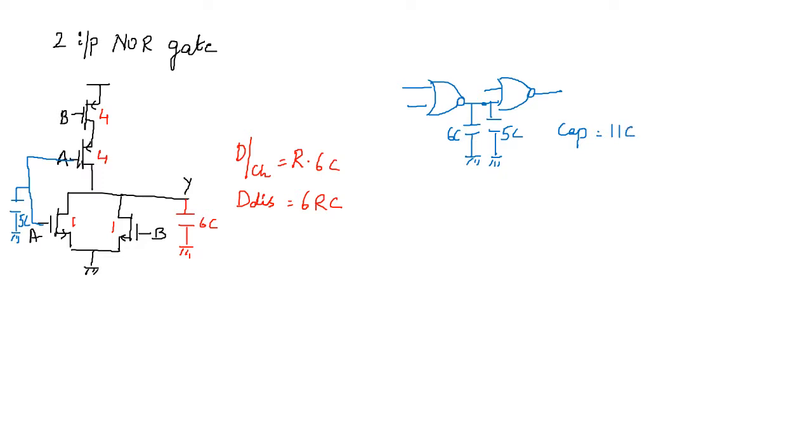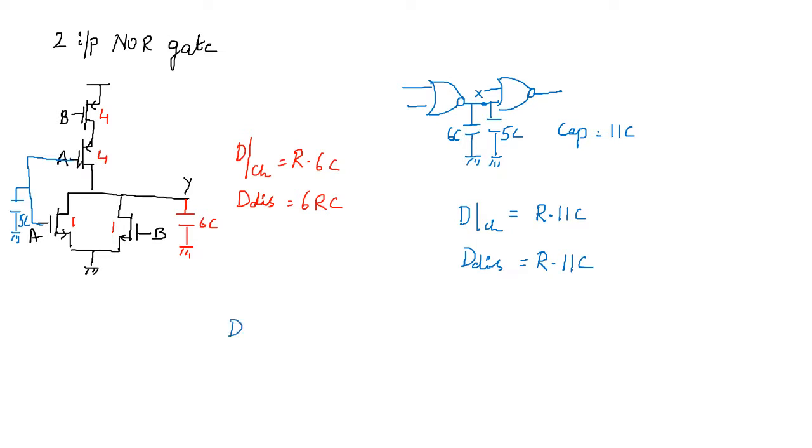So now I can say the charging delay at the point X will be equal to R times 11C, and the discharge delay will be equal to R times 11C.